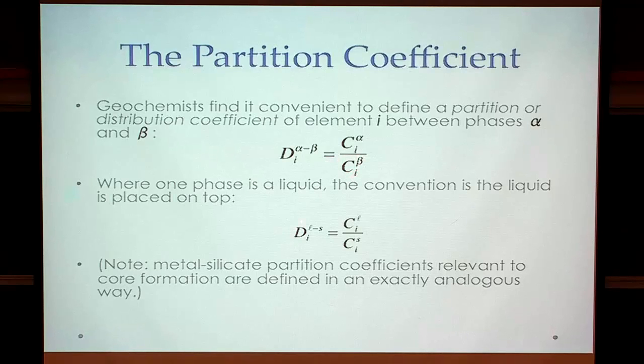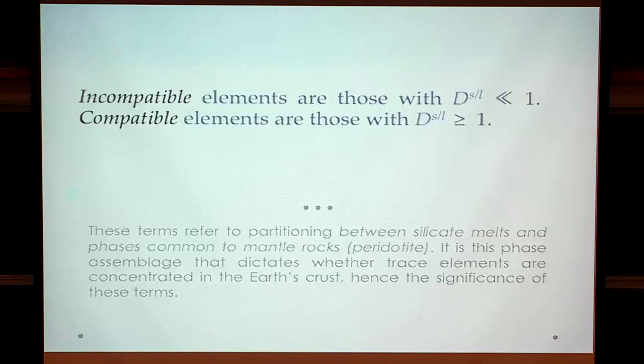When our two phases of interest are liquid and solid, the convention is to put the concentration in the liquid in the numerator, concentration in the solid in the denominator. So I'm going to talk about liquid-solid partitioning. Rich will be talking about metal silicate partitioning, and partition coefficients will be defined in an exactly analogous way.